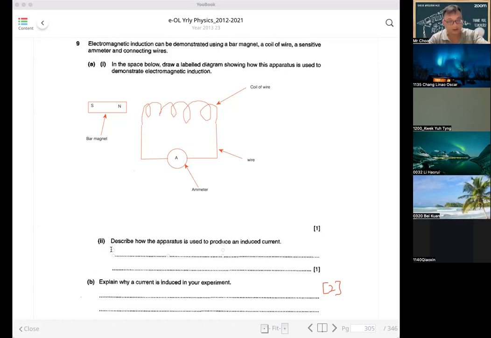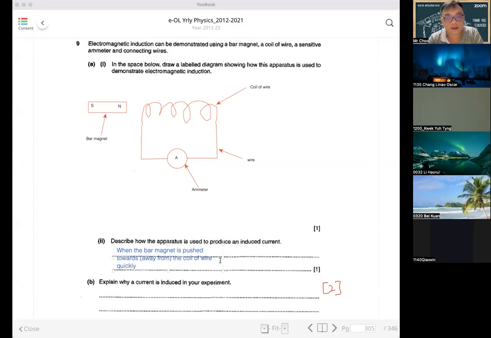So how to produce a current? What you can say is this. When the bar magnet is pushed towards, or you can put away, the coil of wire quickly.